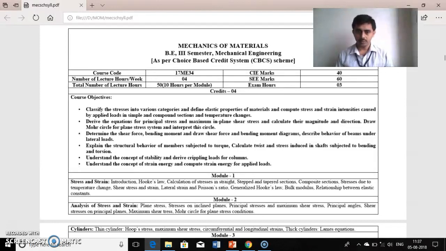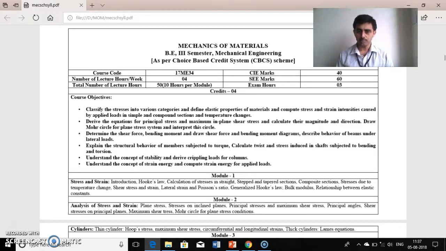The student will be able to derive the equations of principal stress and maximum in-plane shear stress, and calculate their magnitude and direction. And he will be able to draw Mohr's circle for a plane stress system and interpret this circle.